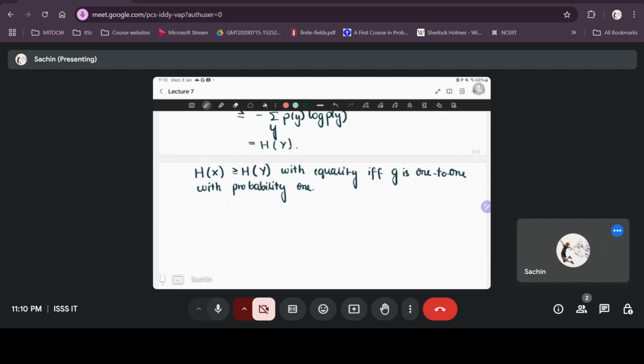The probability of the event that contains all outcomes in the sample space such that g is 1 to 1 is equal to 1.